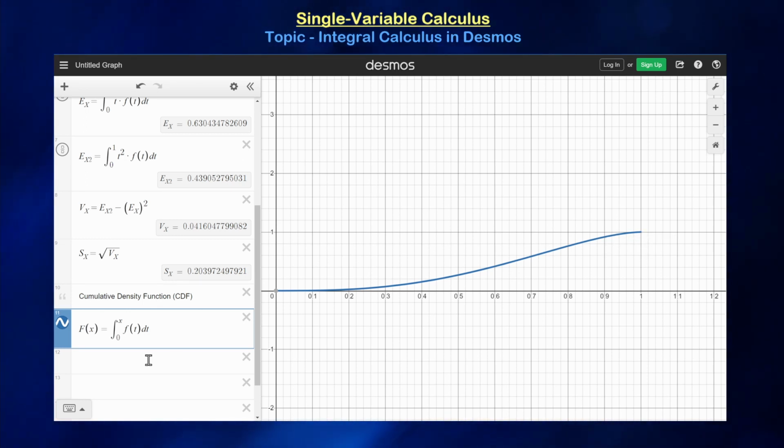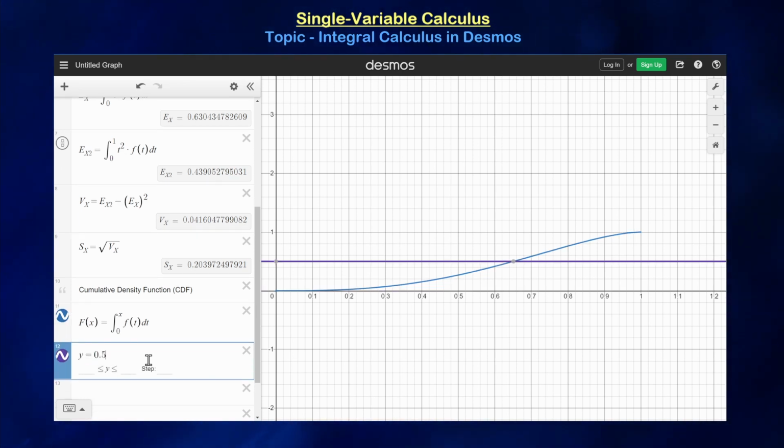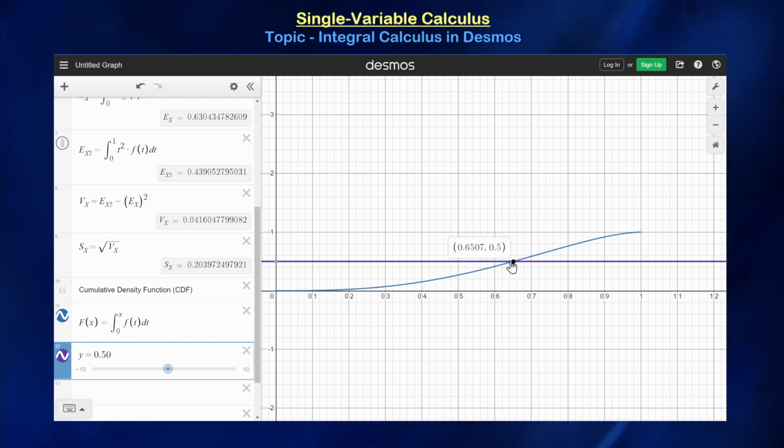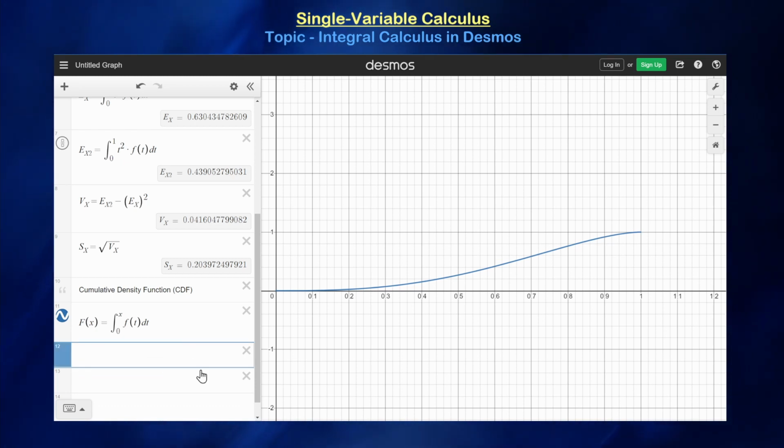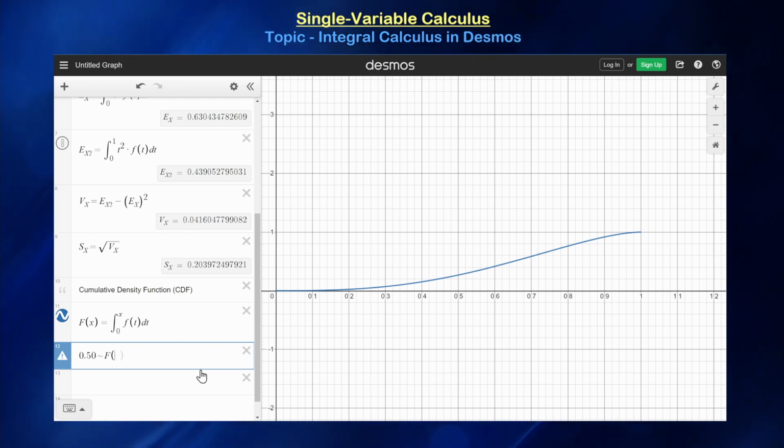So what if I ask you to find the median of this distribution? If I graph y is equal to 0.5, which corresponds to 50%, and find where that line crosses this curve, we see that 0.65 is the median of this distribution. That means 50% of the data lies to the left of 0.65 and 50% of the data lies to the right of 0.65. If I want to get that exact value and store it, then I can do 0.50 tilde and then f of the name of the variable that you want to assign its value.